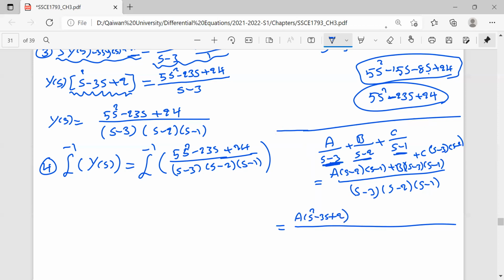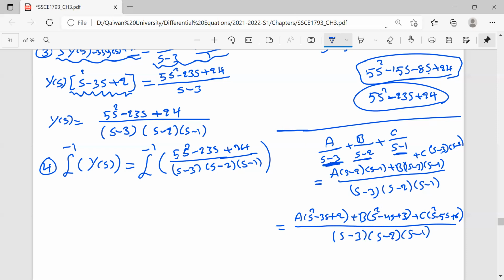And b times s minus 3, s minus 1 is b times s squared minus 4s plus 3. And c times s minus 3, s minus 2 is c times s squared minus 5s plus 6. All dividing by s minus 3, s minus 2, s minus 1.